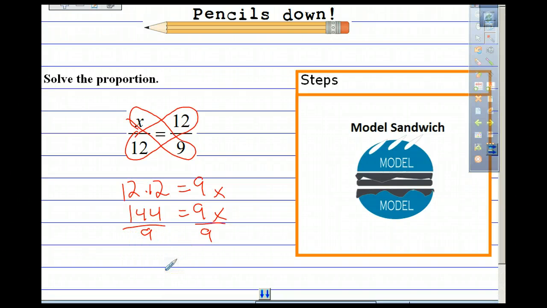Let's figure that out. 9 goes in there 1 time. Left over is 5. 9 goes into 54 6 times? Yeah. We get 16. So there's your answer. This is how you're going to do your homework.